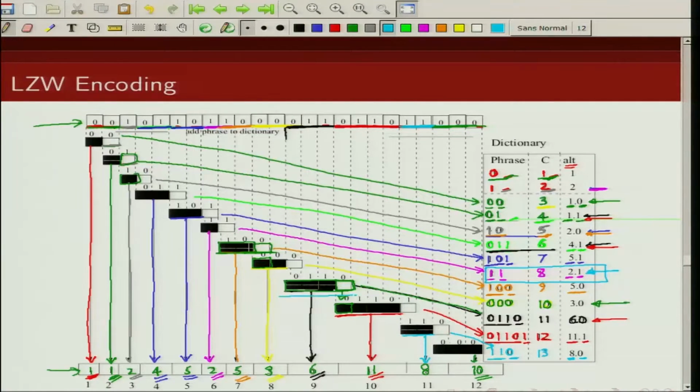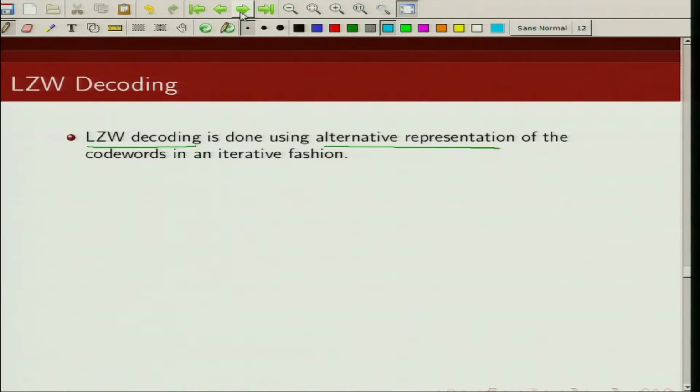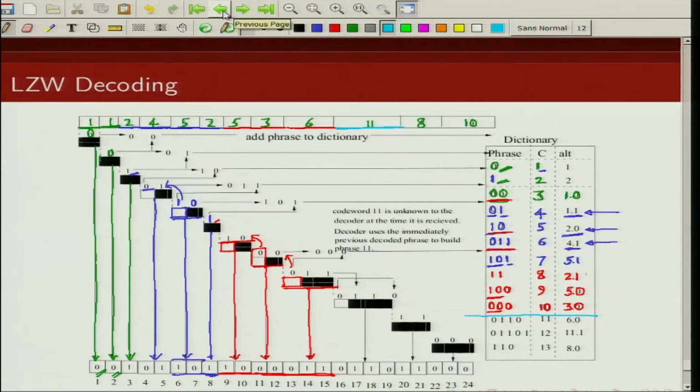If you look at this point, 0, 1, 1 has been put in the dictionary, and immediately after that we are using this 0, 1, 1, 0. So if you use a string which has just been put in the dictionary, you encounter a situation where a string appears which is not there in the dictionary. So 11 occurs, but 11 is not there in the dictionary.